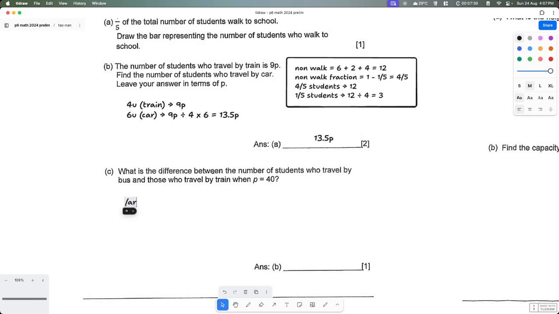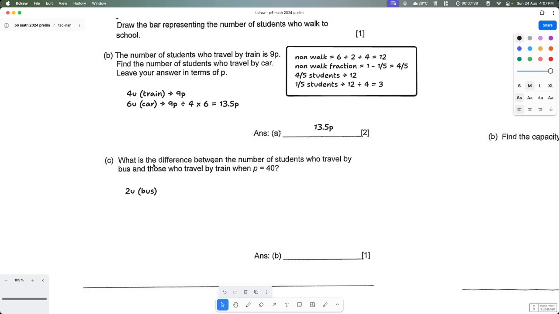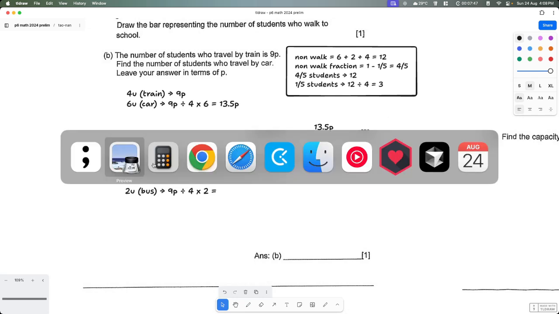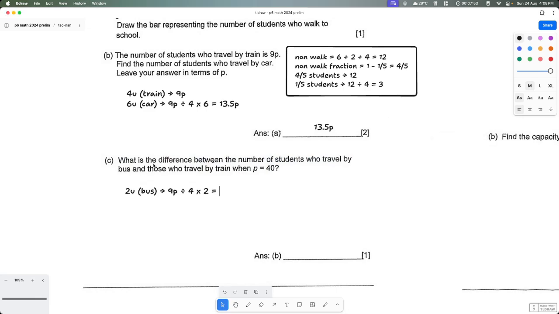So 2 units, which is bus, is equal to, double check, yep, bus is 2 units, in this case 9p divided by 4 times 2. Let's use the calculator. 9 divided by 4 times 2, 4.5p.